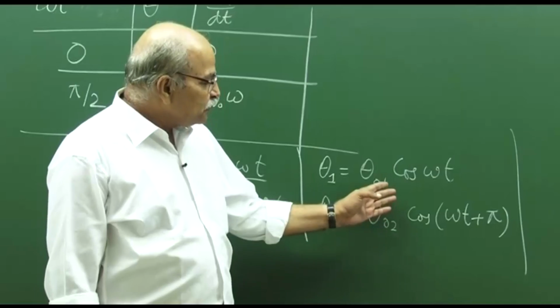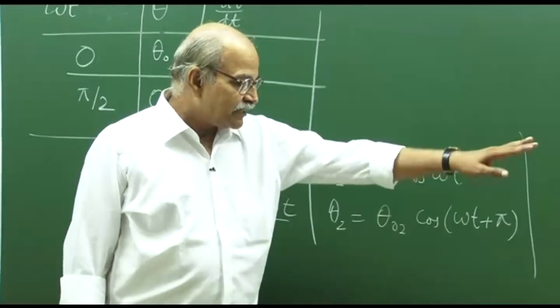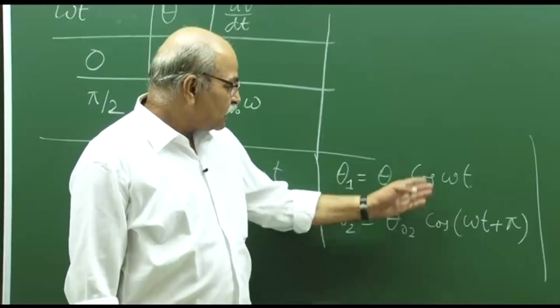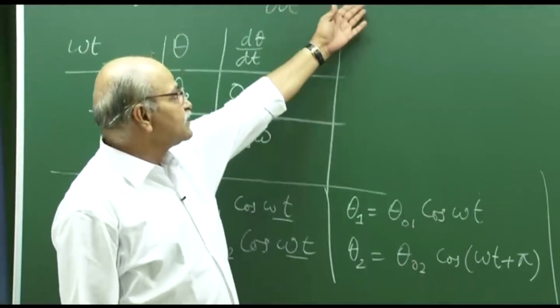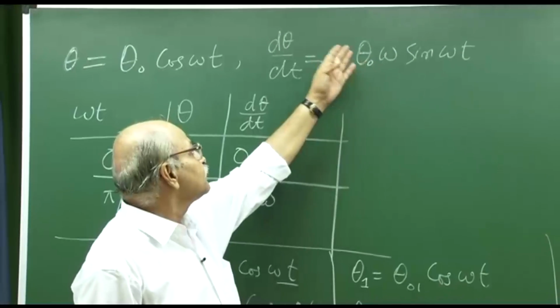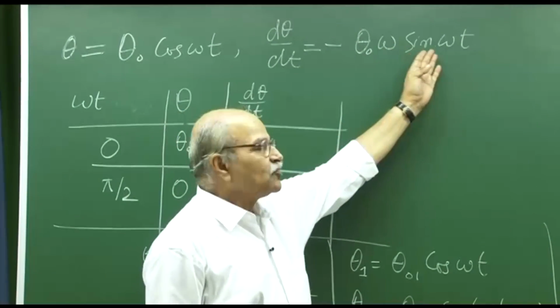And even if you think of velocity, one is going left, another is going right, that also can be obtained by this pi itself. Velocity is given by this expression, minus theta naught omega sin omega t.